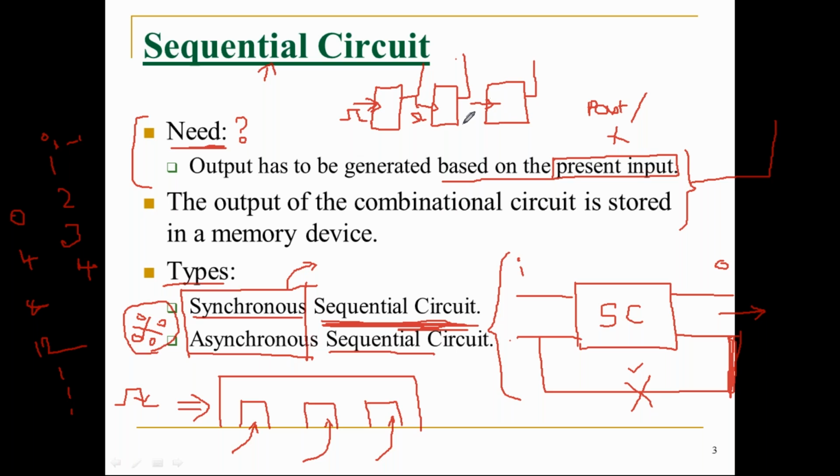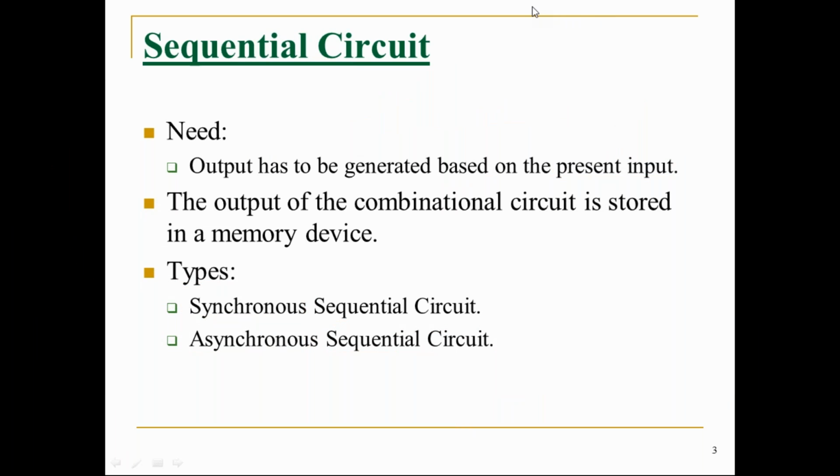Similarly, the third flip-flop gets the clock input from the second flip-flop's output. If a fourth flip-flop is also there, the fourth flip-flop will get the clock pulse from the third flip-flop's output. So sequentially, not simultaneously or at the same time, the clock pulses are applied to the circuit. This is called an asynchronous circuit. That's all. If you understand this, that's all about this particular unit.